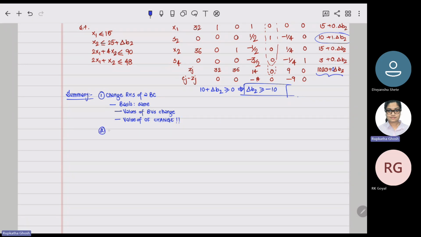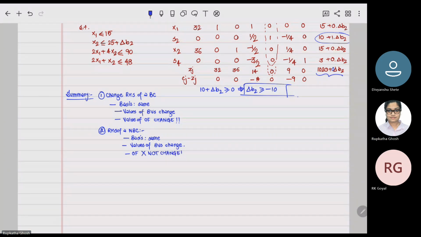But if there is a change in the right hand side of a non-binding constraint within the range of optimality, the basis remains the same, the value of basic variables will change, and the value of the objective function will not change.